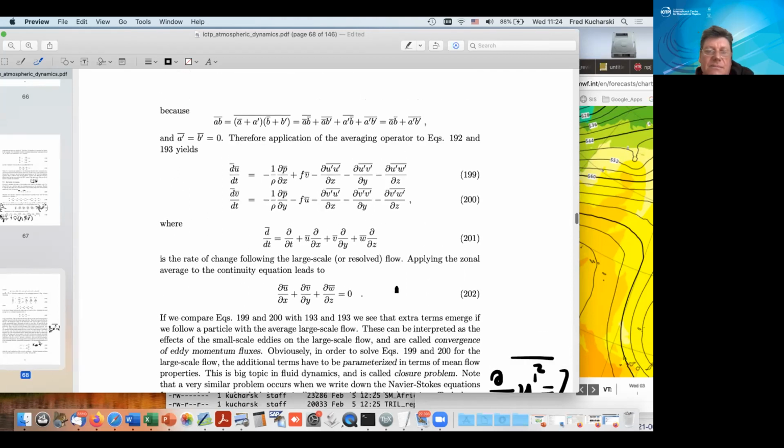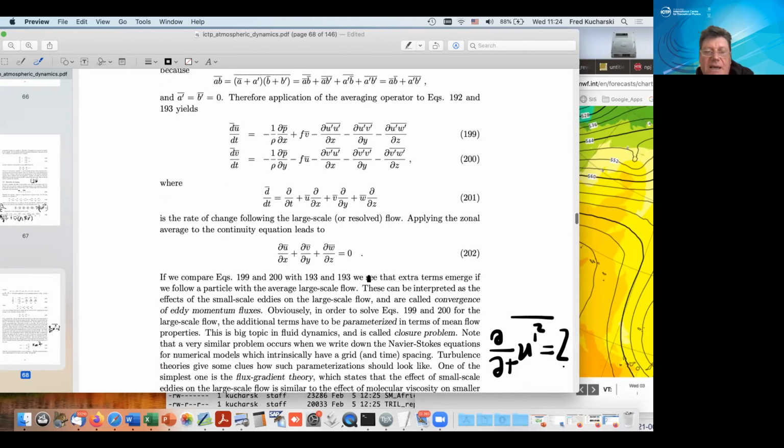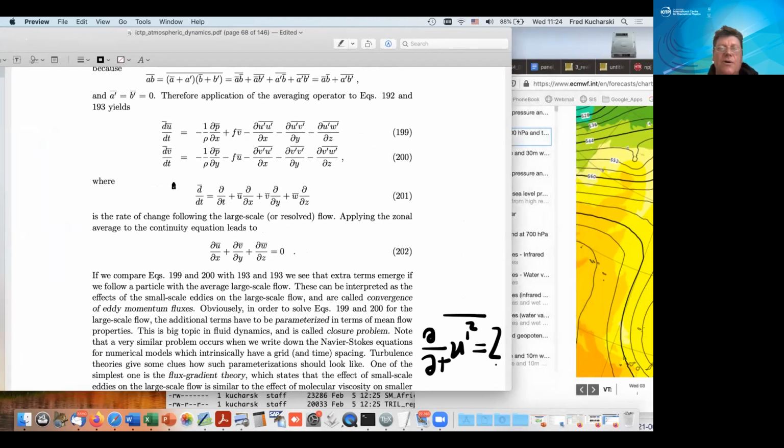Now, having these terms is a very general problem in turbulence theory, and that is the closure problem. This problem is very well known as the closure problem in turbulence theory.